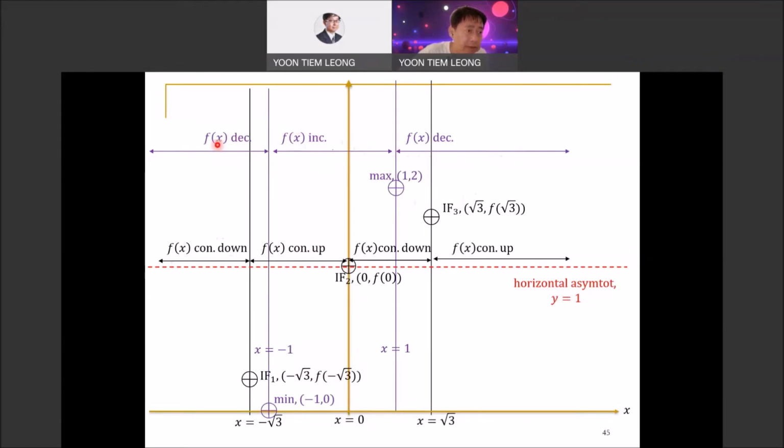So f prime is negative here, f prime is positive here, f prime is negative here. Therefore, I know that there are 3 regions: from negative infinity to x equals to -1, from x equals to -1 to x equals to 1, and from x equals to 1 to positive infinity. So in these 3 regions the function is decreasing, increasing, decreasing.